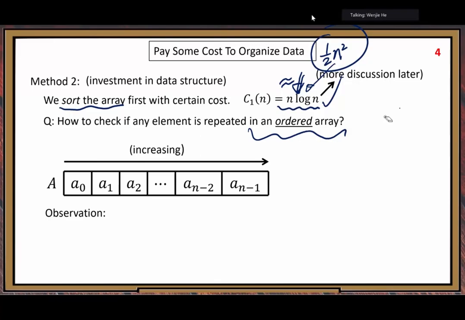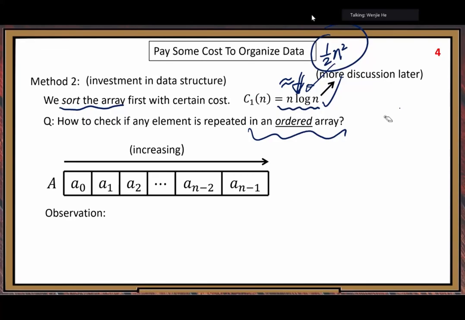Here is another global view to local view example. In method 1, if you do not sort the whole array, when you do element uniqueness checking, you need to do global comparison. That is hard, too much work.